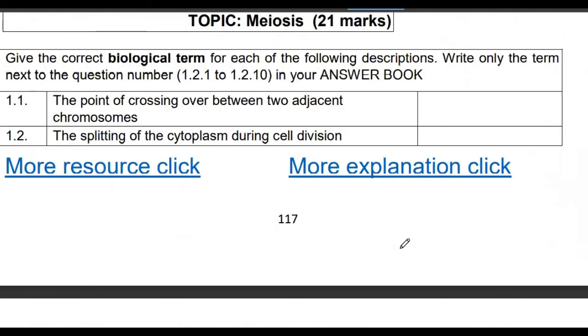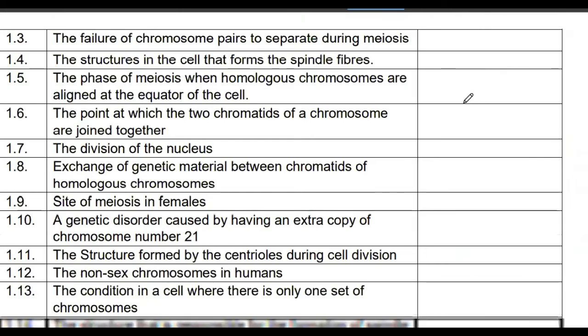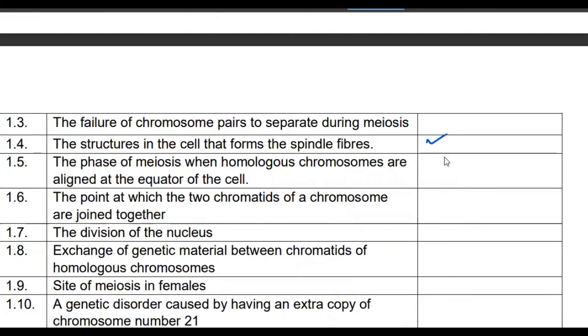When you go to meiosis, there are so many points where crossing over takes place. We call it chiasma. Splitting of the cytoplasm, we call it cytokinesis. Failure of the chromosome to separate during meiosis is non-disjunction. The structure in the cell that forms spindle fibers is the centrioles. The phase of meiosis where homologous chromosomes are aligned along the equator is metaphase 1, because they're saying homologous chromosomes.